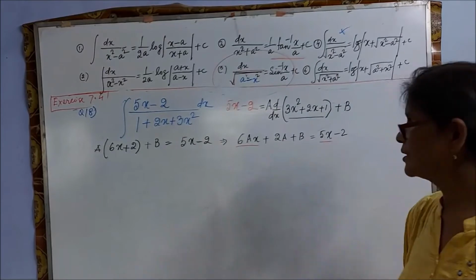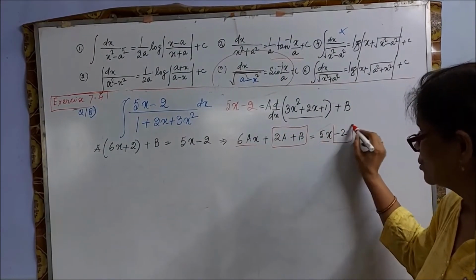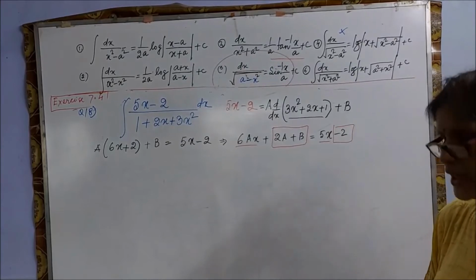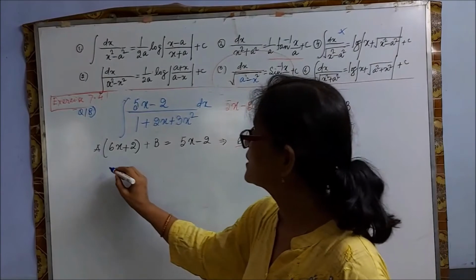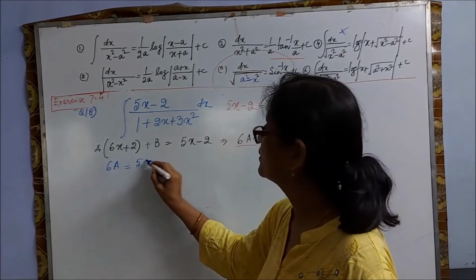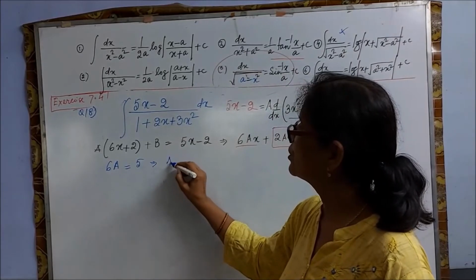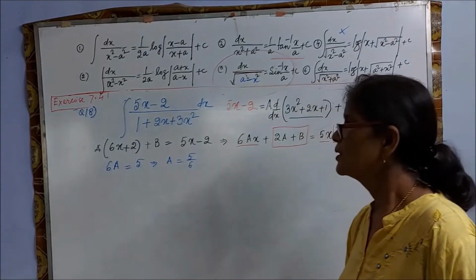I will compare x and x, and I will compare constant and constant, so that you can say what the value of a is and what the value of b is. What is a? I will write 6ax. 6a is equal to 5. So this will be a is equal to 5 by 6.